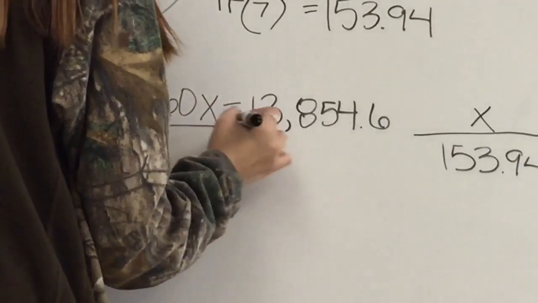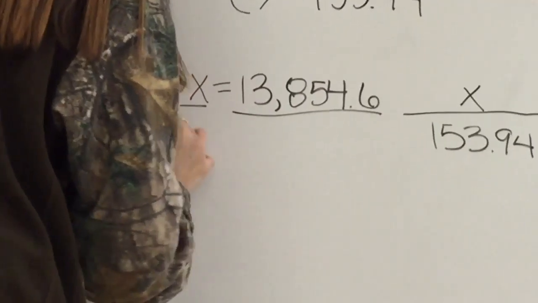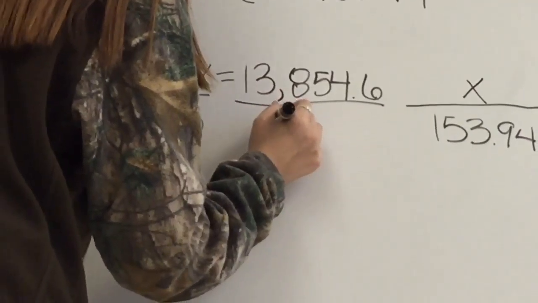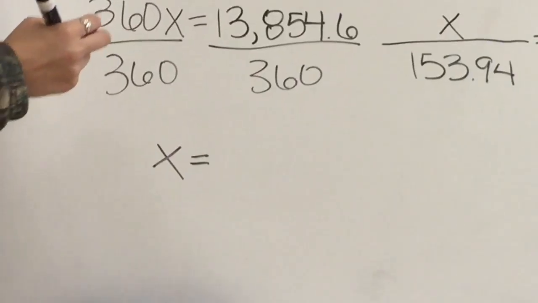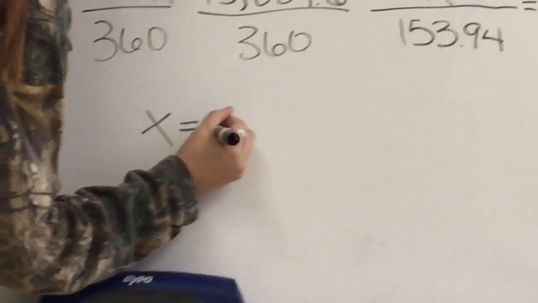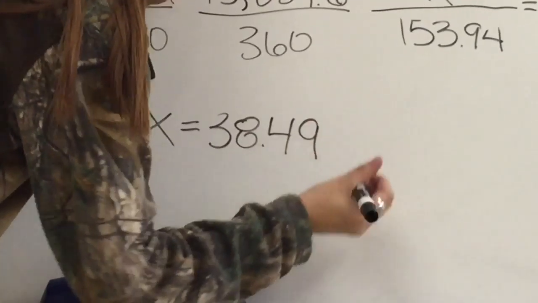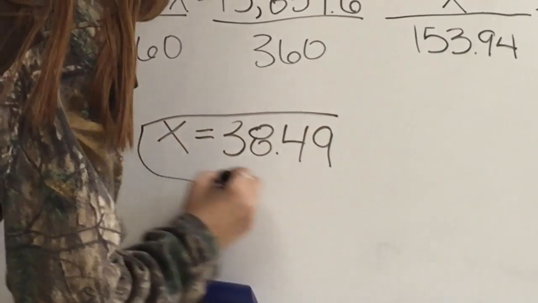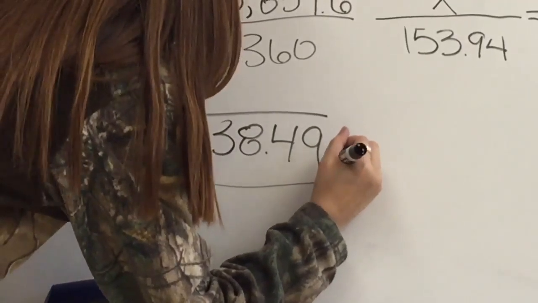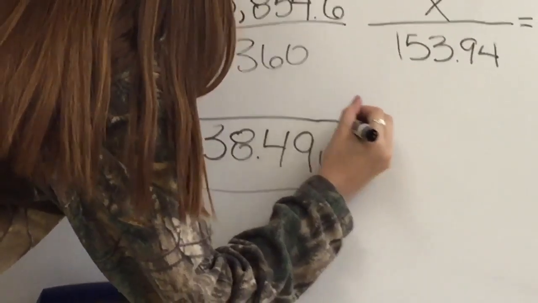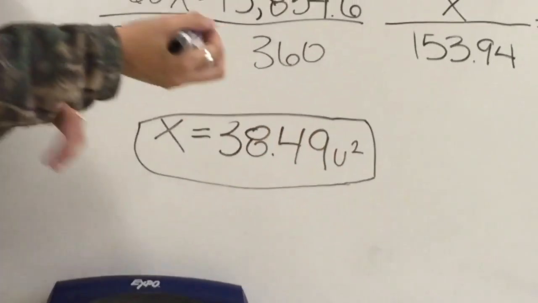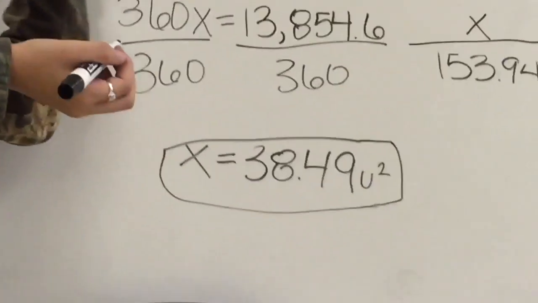And now we divide by 360. And the answer is 38.49. And don't forget to add your units squared on the end. And that is your sector area.